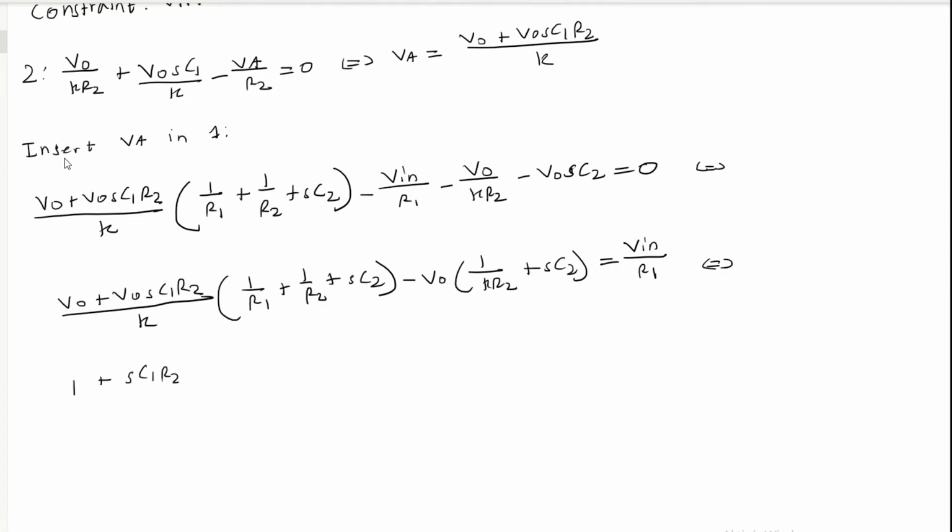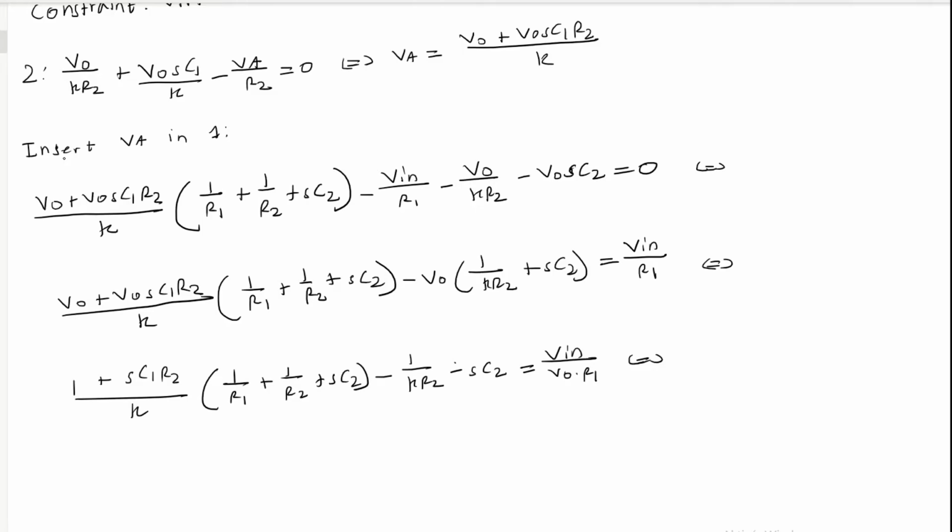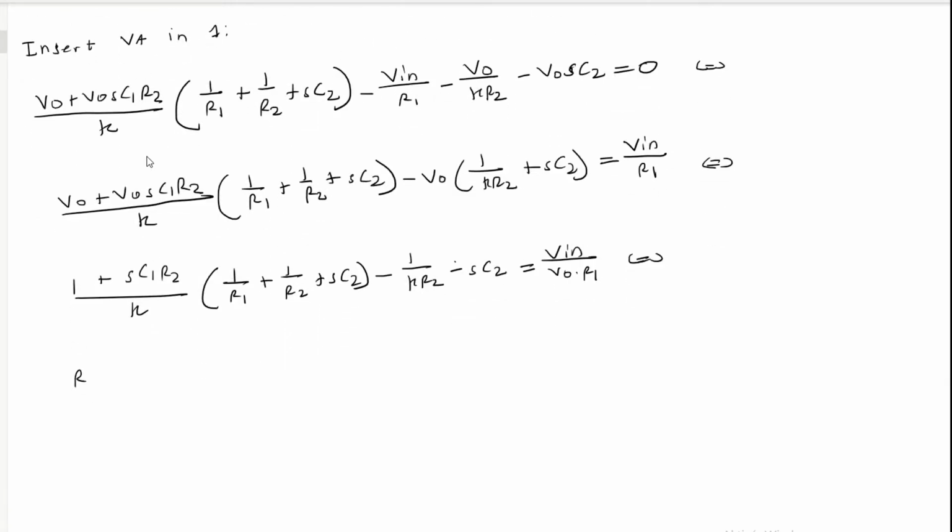Next, we divide with VO on both sides of the equation. Next, we multiply with R1 on both sides of the equation, such that we have Vin divided by VO on the right hand side.